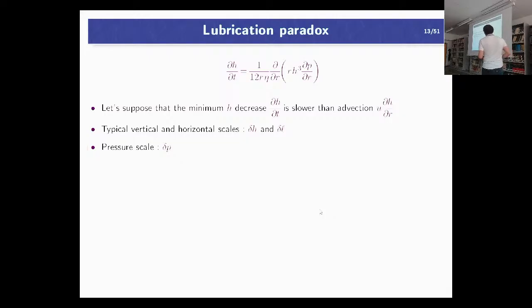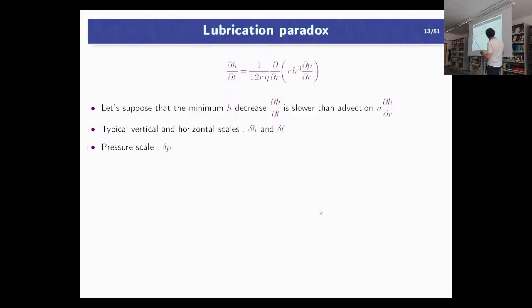So I'm going to suppose that the horizontal scale is delta L. This is the horizontal scale of the region that is going to touch the solid. And delta H is the typical vertical scale. I'm also going to suppose that dH/dt is much lower than the advection of the interface.